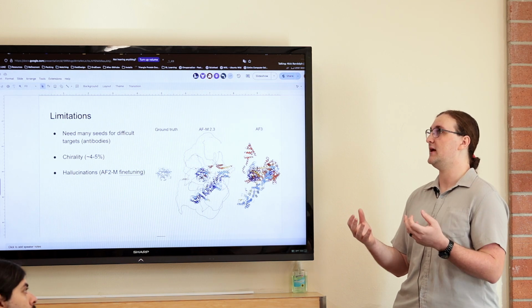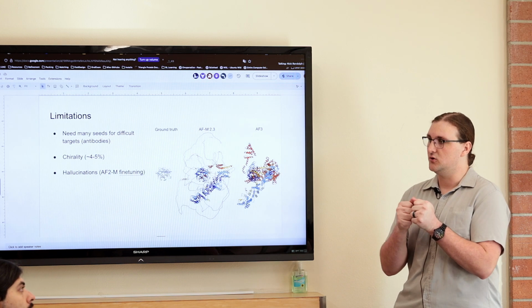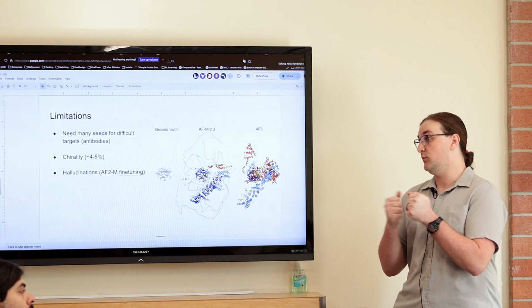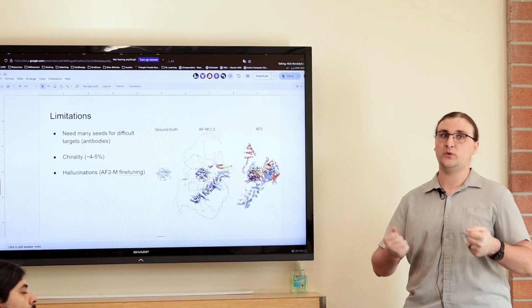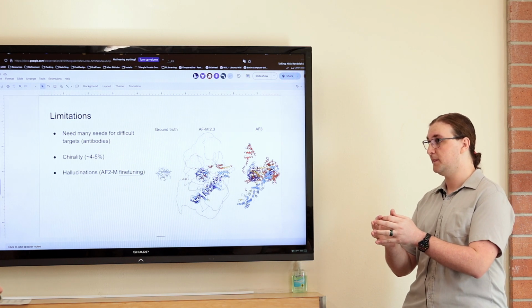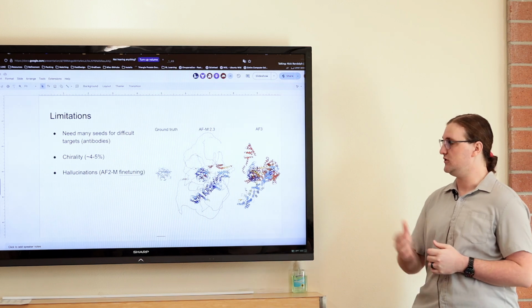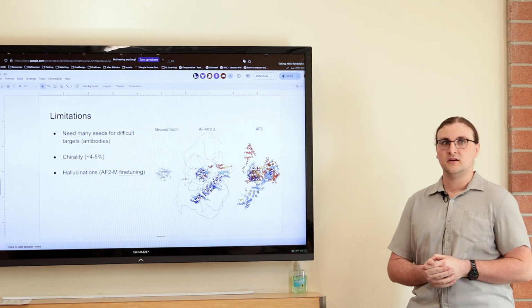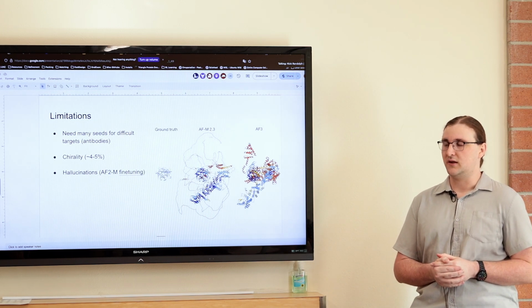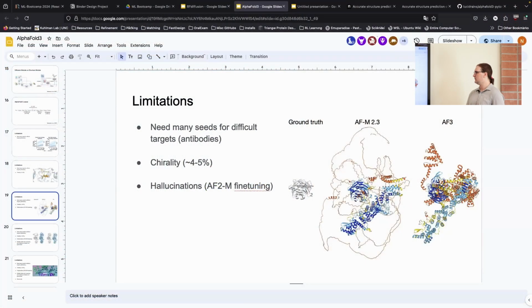It's just trying to recapitulate a protein-esque shape, but it doesn't necessarily know that these should not be overlapping. It wasn't really taught that. So it still will produce a lot of clashes, sometimes just chains literally on top of each other. They're very structured, but literally on top of each other. So that is an issue. And it's also common with nucleic acids. I think that's one of the issues with nucleic acids too.